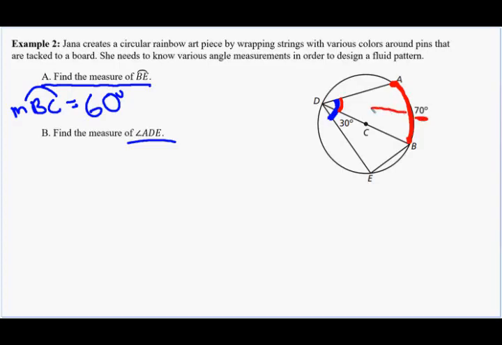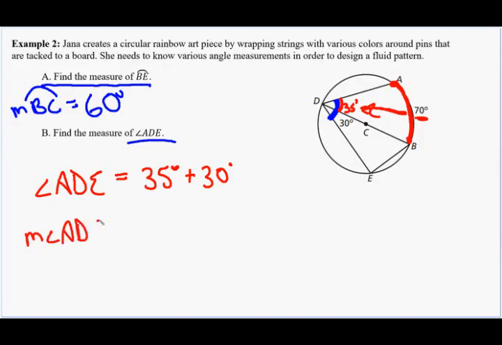So if we bring that in here to the inscribed angle, it's going to be half of 70, or 35. So we could write angle ADE is equal to 35 degrees plus our 30 degrees. So the measure of angle ADE is 65 degrees.